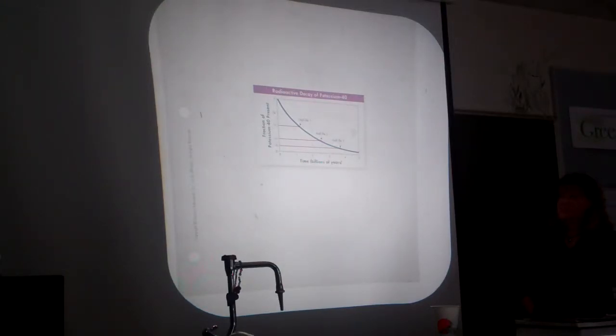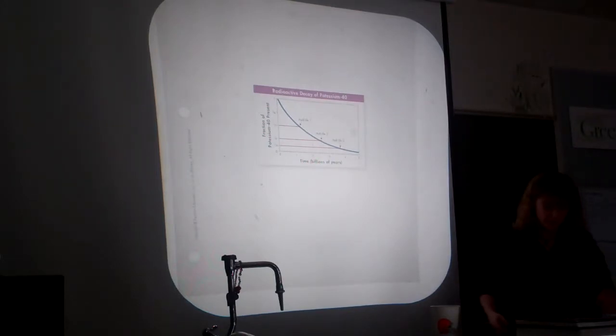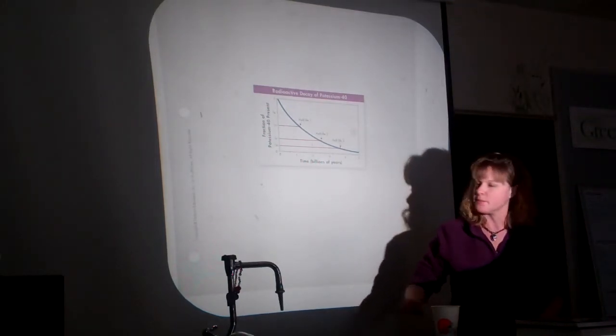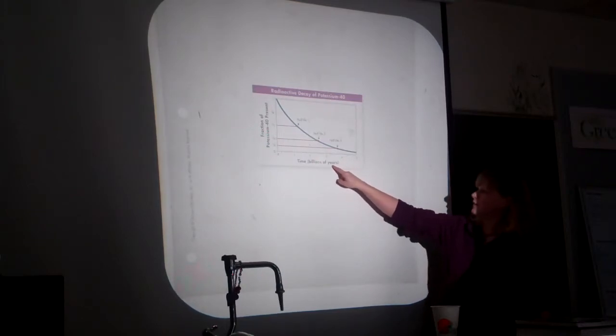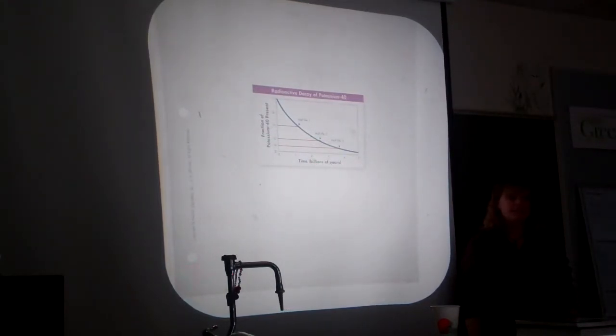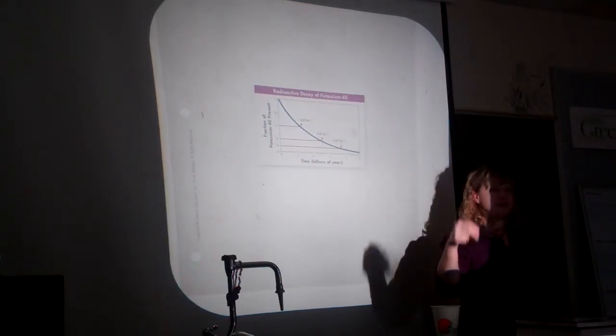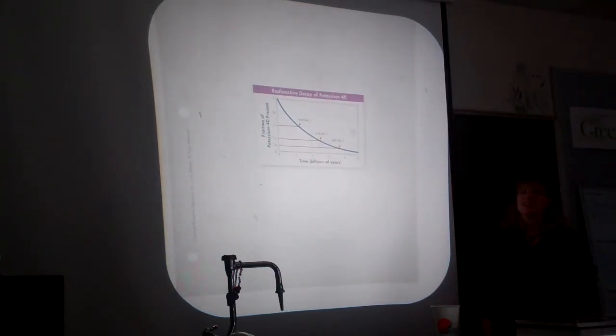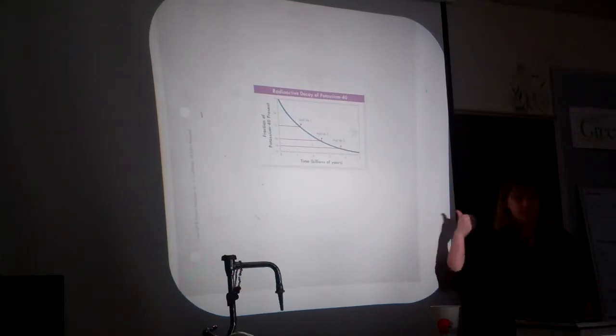It's a different substance that's radioactive as well. But what do you notice about this right here? Potassium-40 is different from carbon because it takes a long time for this stuff to decay.